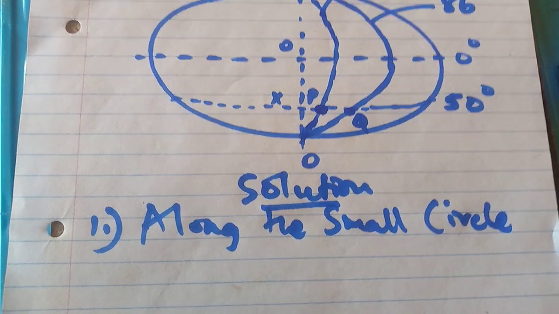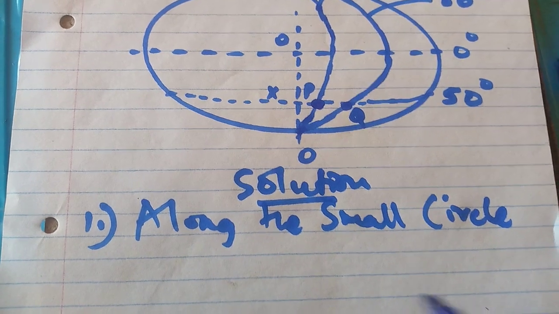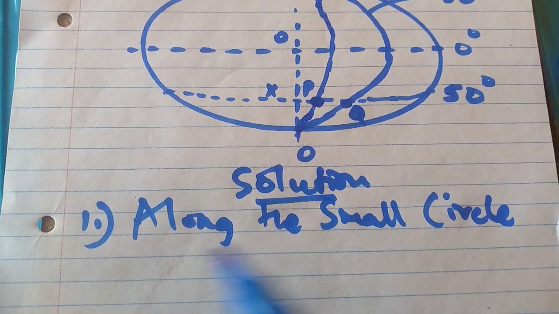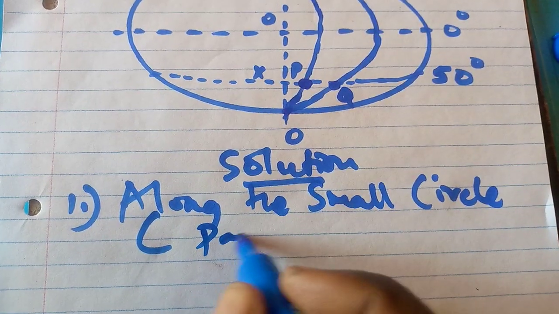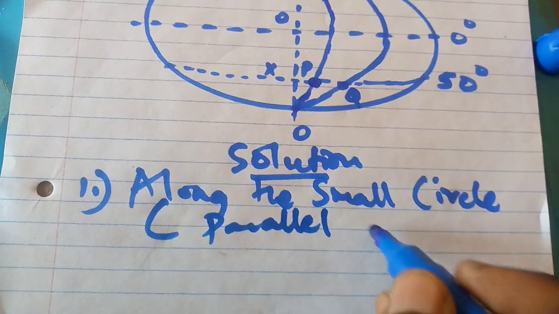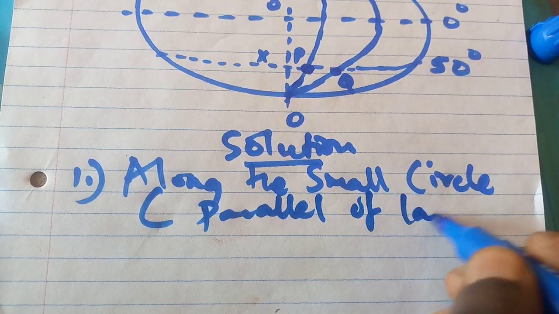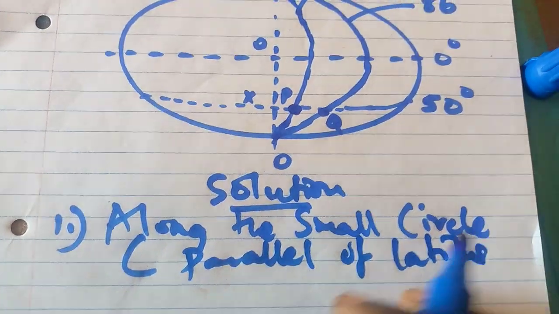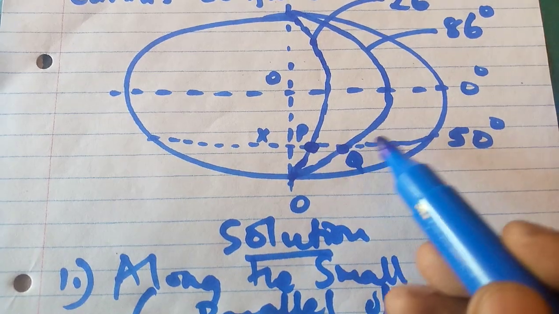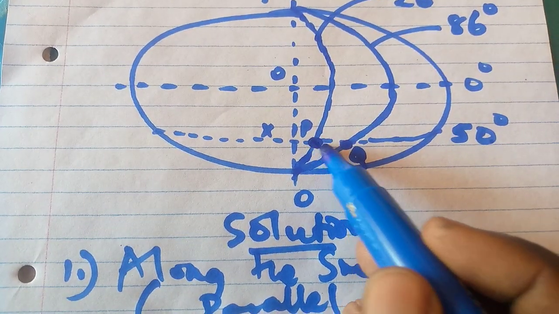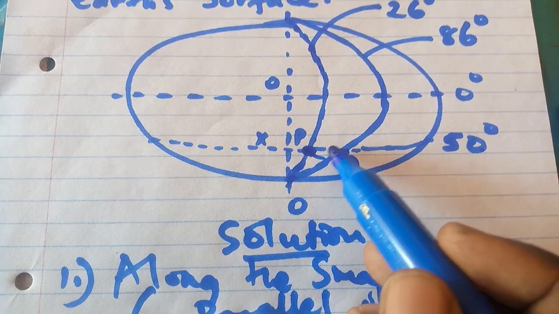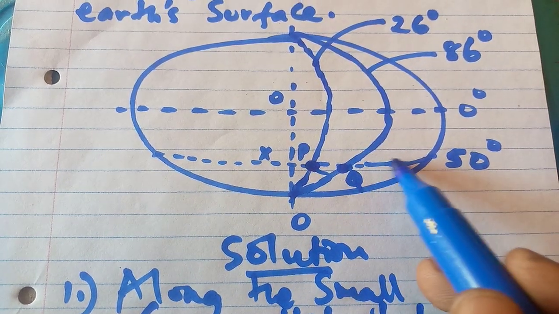So I'll start by, along the small circle, which can also be referred to as along the parallel of latitudes. Along the parallel of latitude, remember this is the latitude 50 degrees. So we want to look at the distance between them, P and Q, along that line.